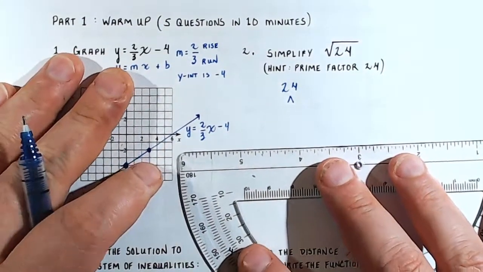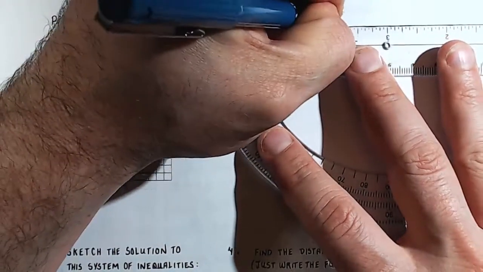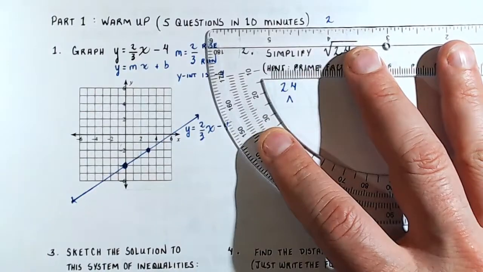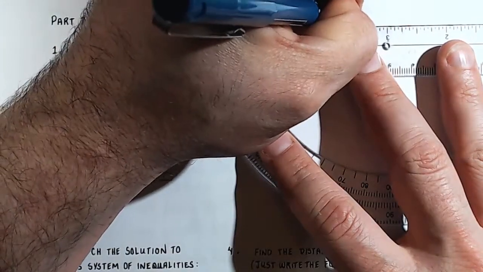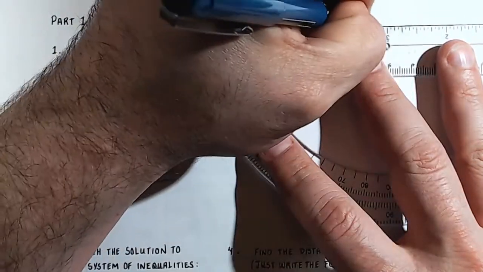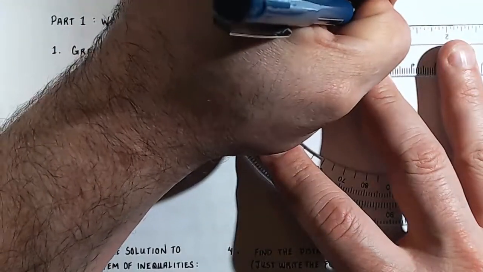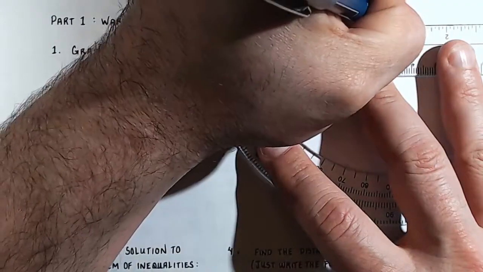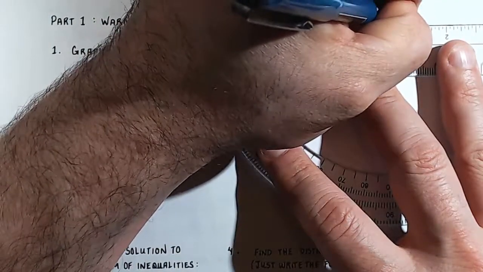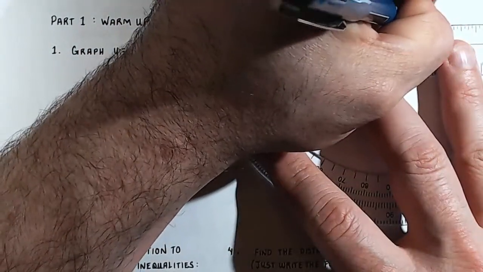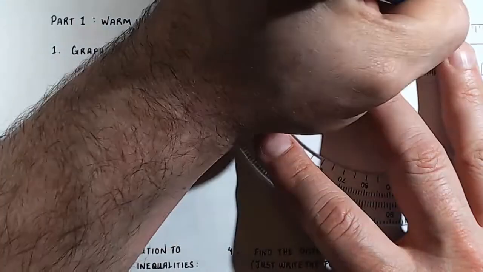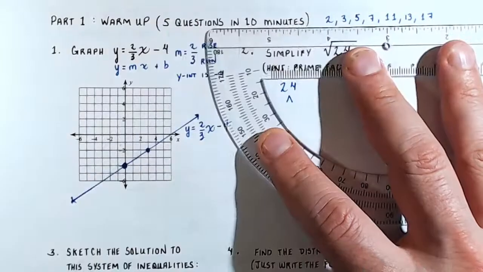Just a quick reminder, prime numbers start at 2, and then it goes to 3, then 5, then 7, then 11, then 13, then 17, and so on.